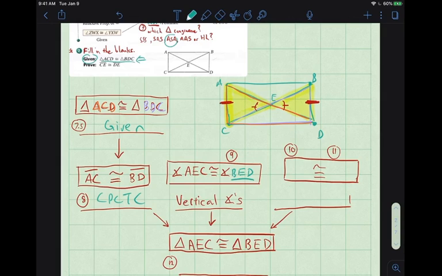This one should be angle CAE is congruent to angle DBE. And I should have drawn an arrow that leads over like this. What's the reason here? It's again CPCTC.